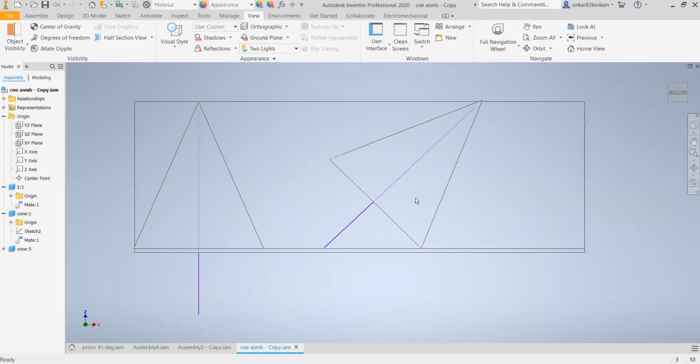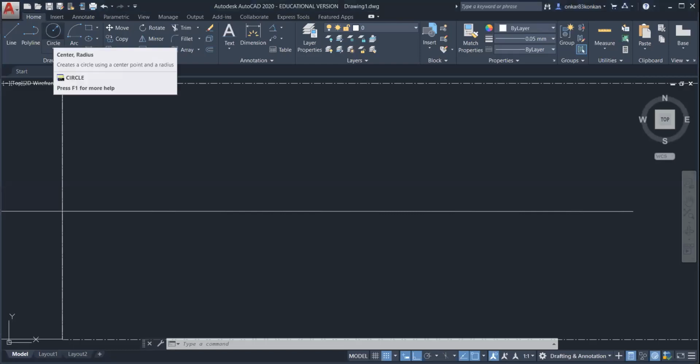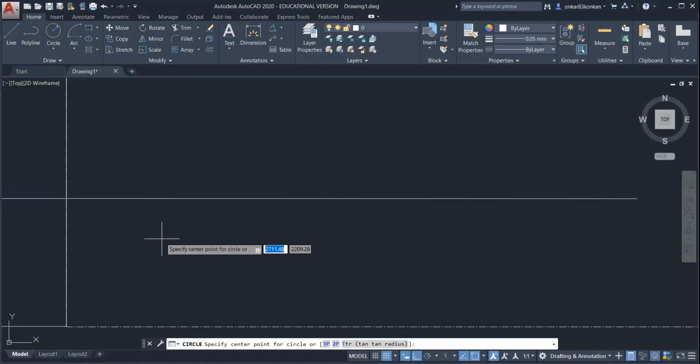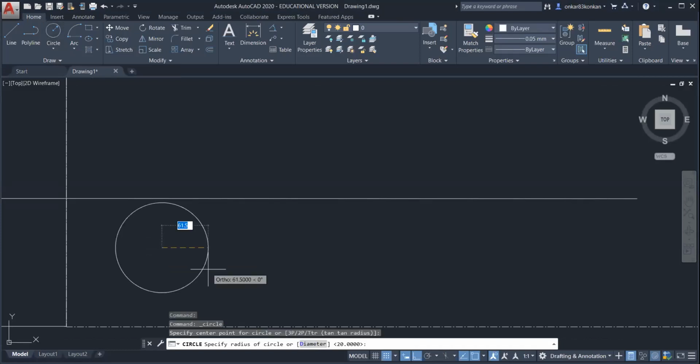Now we will see how to draw this on a drawing paper. To start the drawing, draw the first stage top view. That top view will be just a circle, with diameter equal to 40 mm.